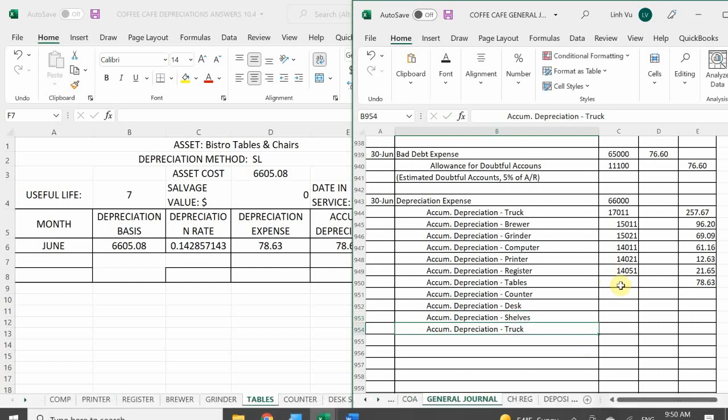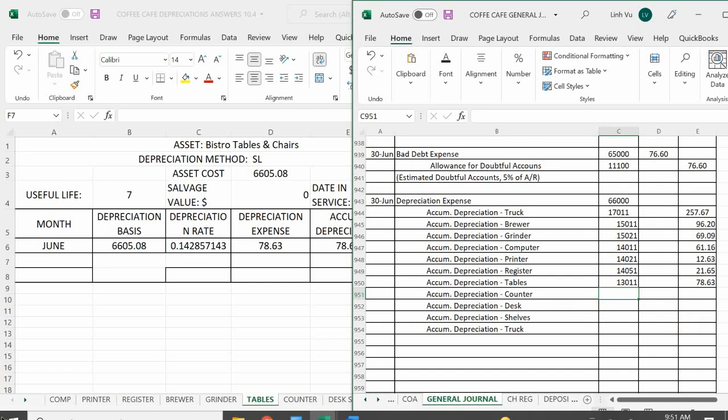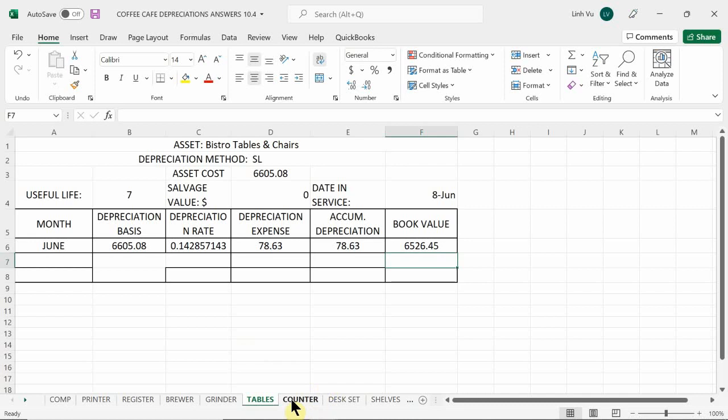Excuse me, so that was account number 13011 for the tables, for the 78.63. Okay. So let's go ahead and solve for the next one, which is the counter.